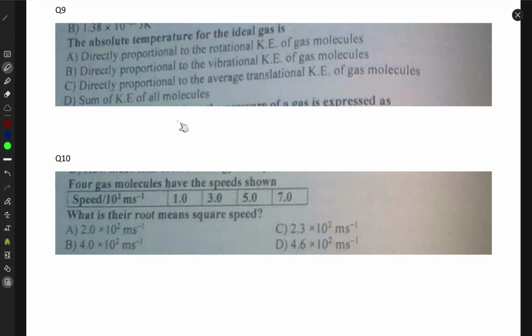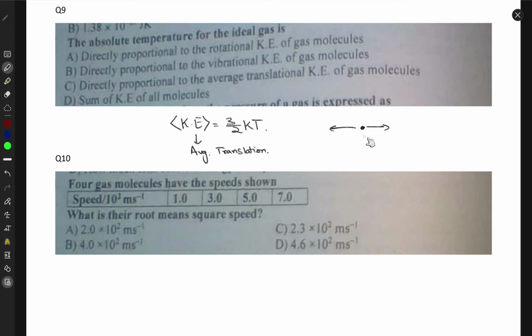Now we know that the kinetic energy is given as 3/2 kT, where T is the absolute temperature. But this kinetic energy is actually the average translational kinetic energy, right? So it is how the molecules are moving translationally.